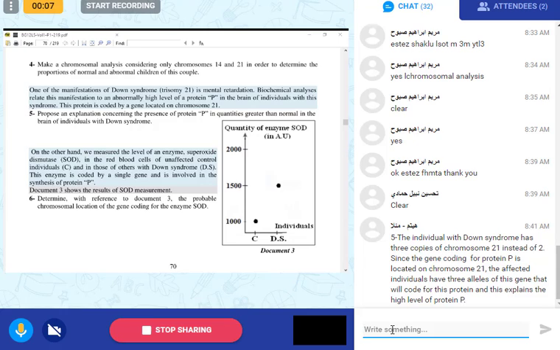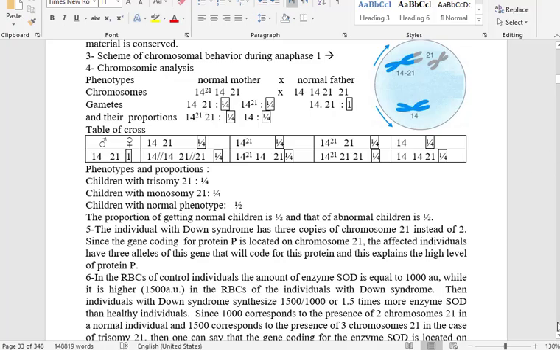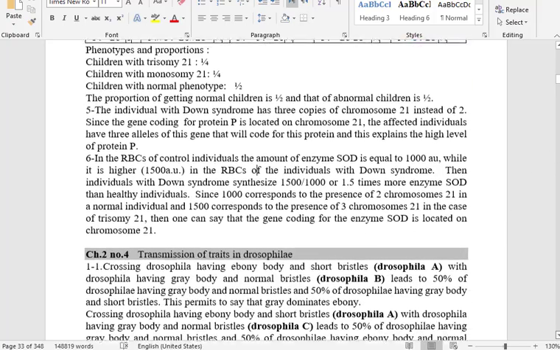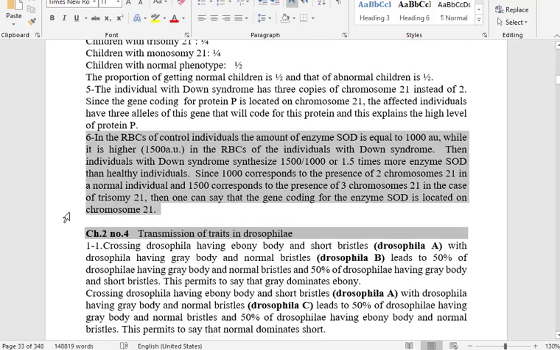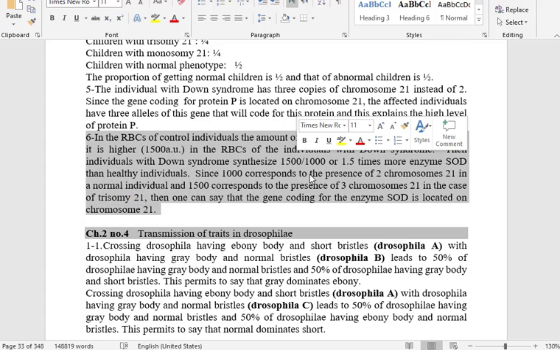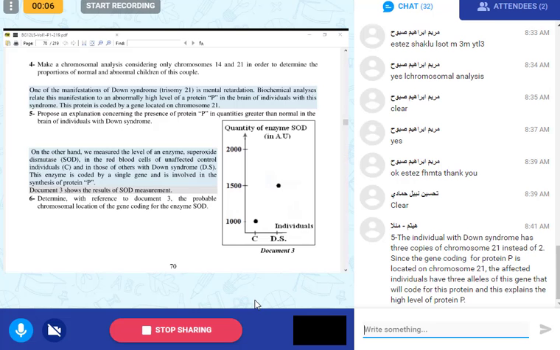The person with trisomy 21 has 3 copies of chromosome 21. So if this gene is found on chromosome 21, he has 3 alleles for this gene, and if every allele produces 500, the total will be 1500. So this enzyme could be found on chromosome 21.